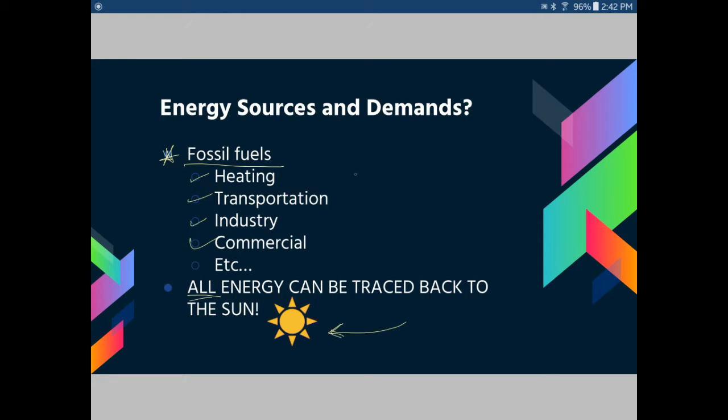Again, the list could go on and on for different types of energy demands and energy sources as well. Obviously, there's other forms of renewable energy sources, such as wind, solar, and tidal energy. And obviously, we're trying to work towards creating more sustainable energy sources. But in Alberta, we definitely require and rely a great deal on this energy from fossil fuels.